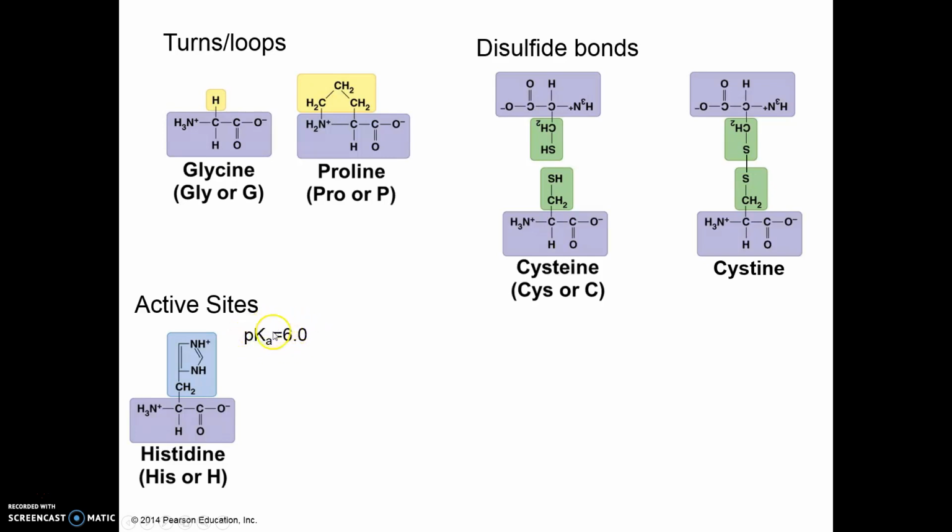At a pH of 6, if you were to have 100 of these histidines, 50 would have a proton and be positively charged, and 50 would not have a proton and be neutrally charged. Okay, so it has the ability to flip back and forth. This pH is very close to physiologic pH, right? It wouldn't take much to nudge this forward and backwards.